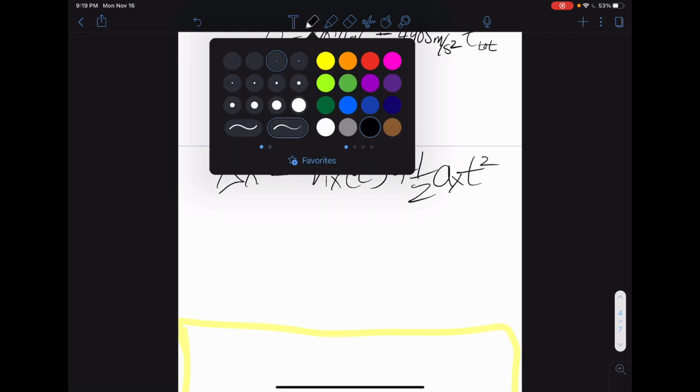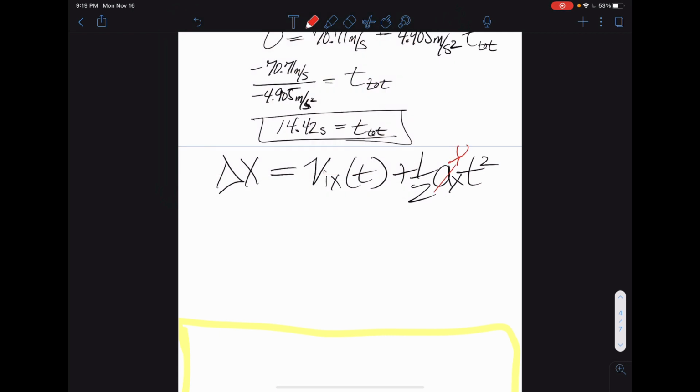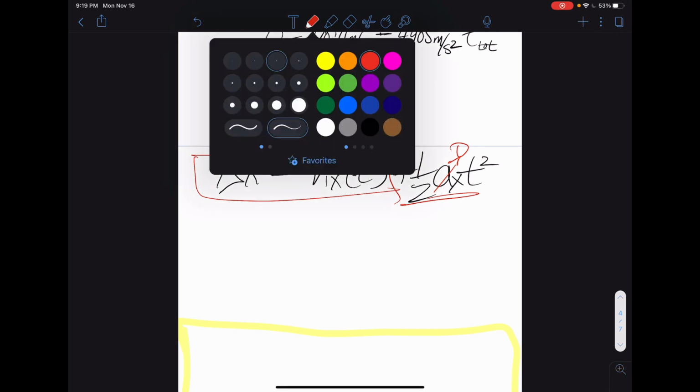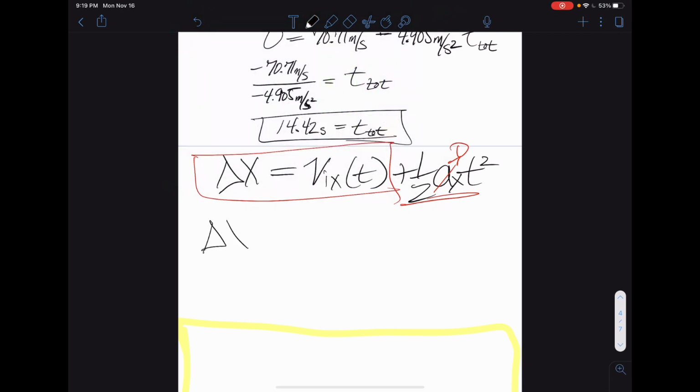But then you remember what I taught you about ax being 0 and this whole thing 0, and we're left with this, right? But if we want delta x total, then we have to use time total here. VIX was 70.71 meters per second, and time total was 14.42 seconds.